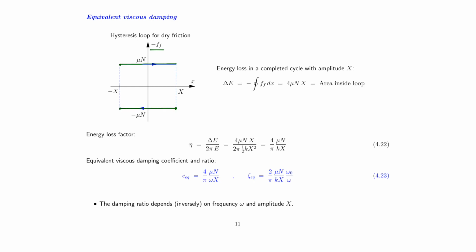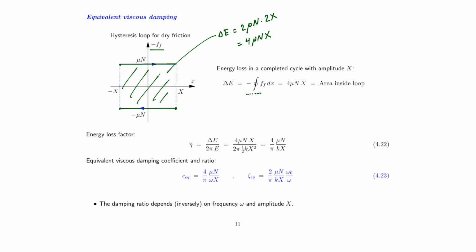And that means we will run around in a rectangular hysteresis loop, like this. And then it's straightforward to calculate the area inside this loop, because we will have 2 times mu N times 2 times x. That's 4 mu N x.